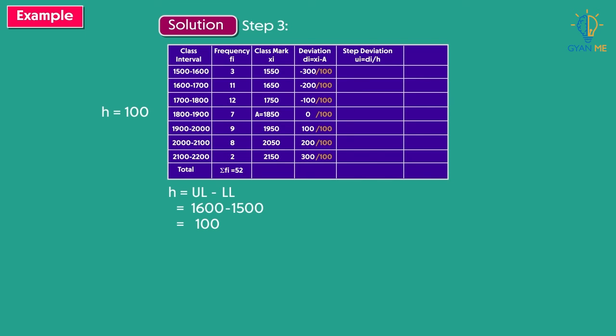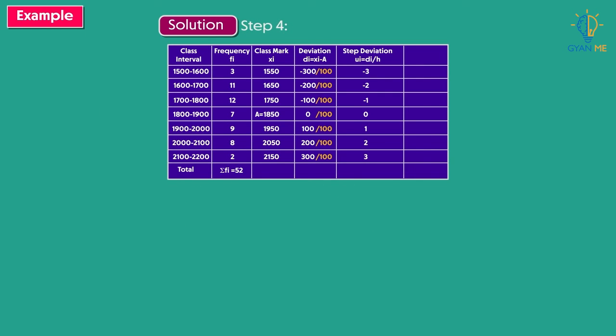Dividing all di's by h, we get very small values, which is ui. Therefore, for the first class, ui is equal to di upon h, which is 300 upon 100, which is 3. Similarly, find ui's or step deviations for all other classes and list them in the next column.